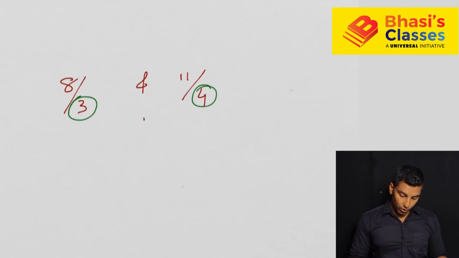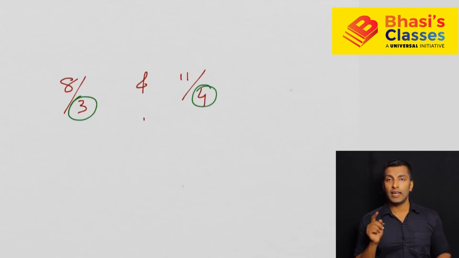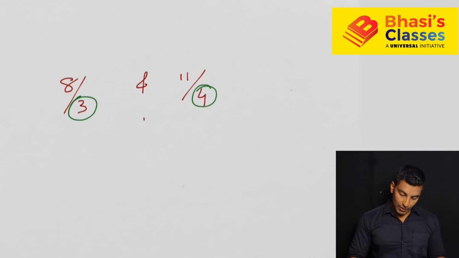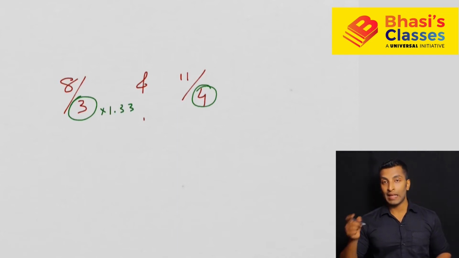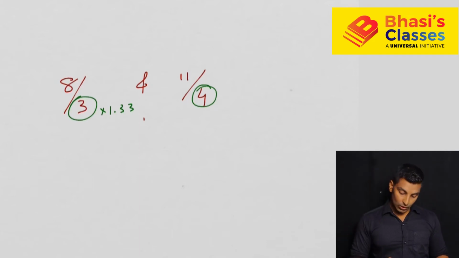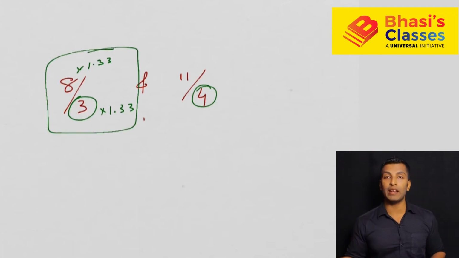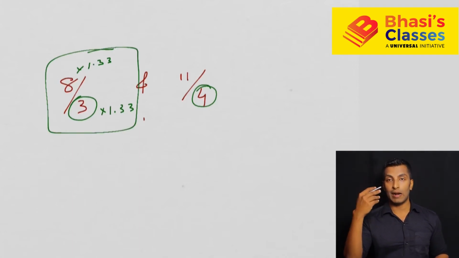So how to make this 3 as 4? 3 into 1.33. So what is the factor of multiplication between 3 and 4? 4 by 3 is basically 1.33. So when you multiply this denominator with 1.33, you can make it 4. Then both the denominators are the same. So obviously the numerator also you need to multiply with the same. And I told you from the first property, this ratio remains unchanged because you are multiplying the numerator and the denominator with the same value.